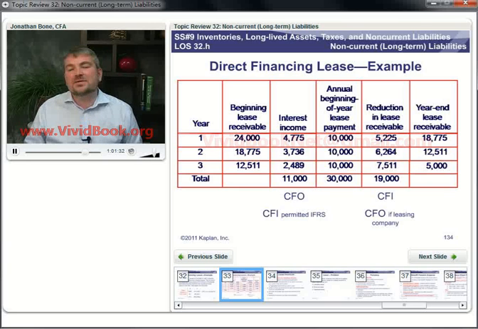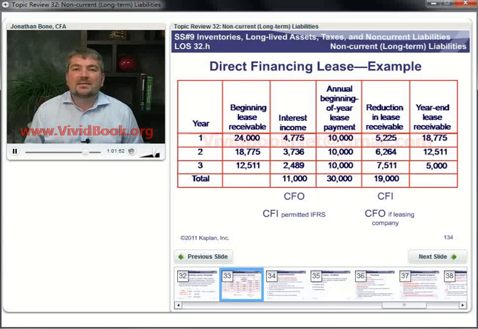Year 2 comes around, 18,775. We take our rate, 19.897%, apply it to the opening asset to get our interest income of 3,736, which of course is going to go through the income statement. We then have a payment of 10,000. Of that 10,000, 3,736 represents interest received.